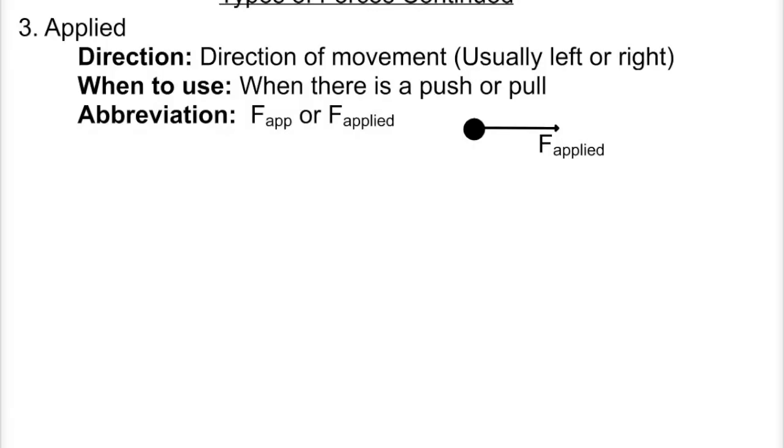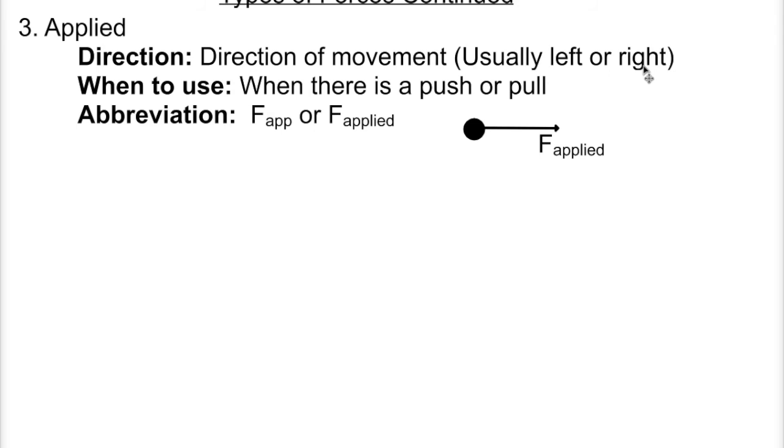Okay, so that was gravity and normal force. We have a few more forces that we need to learn about. The next one is something called an applied force. This is kind of what you think of as the push or the pull. And the direction is the direction of the movement, usually left or right. But if you're pulling something up, maybe that's an applied force as well, but going up.